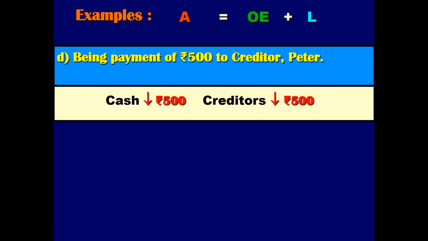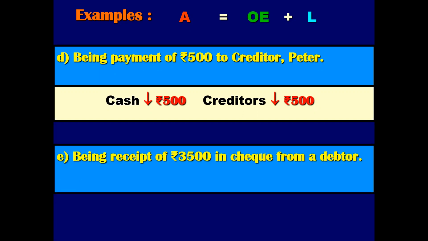Now you paid 500, so your liability is going to decrease. One asset decreases, at the same time one liability decreases. So cash decreases, at the same time the creditors level also decreases.